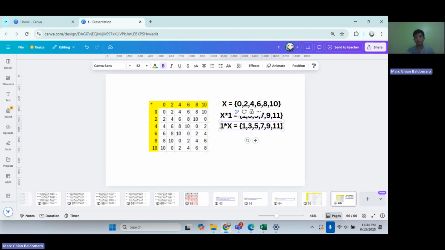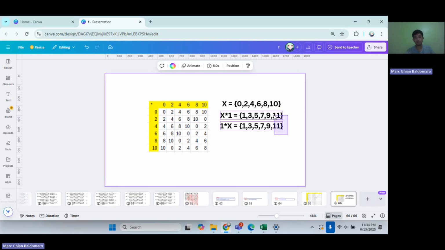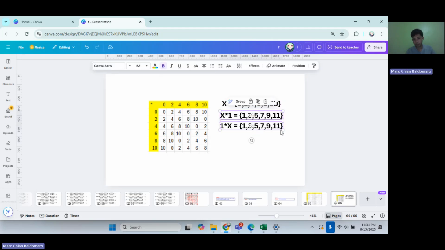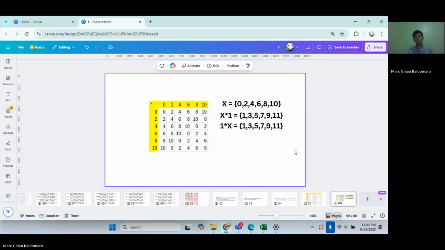That means that for a cyclic group, or Z sub n, all the subgroups are normal subgroups. And that means that every subgroup of every cyclic group must have a quotient group.